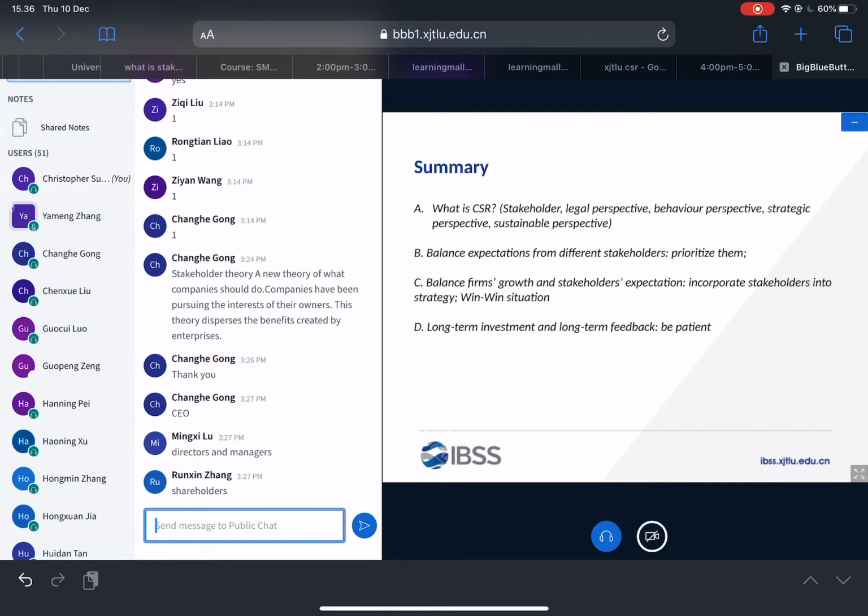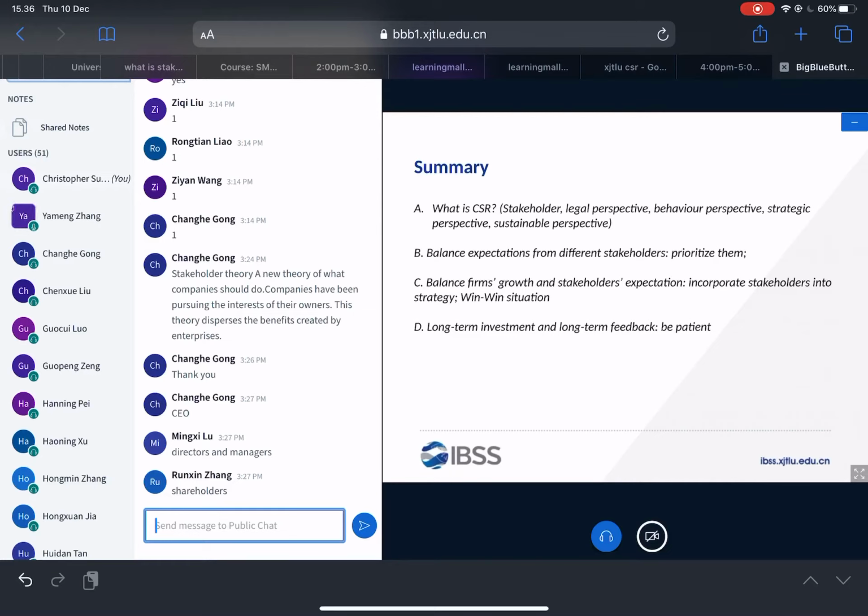So from the strategic perspective and behavioral perspective, we could think about whether incorporating stakeholders into strategy can help the firm to achieve competitive advantage or not, or whether they can achieve a win-win situation between the firm and the stakeholder expectations.